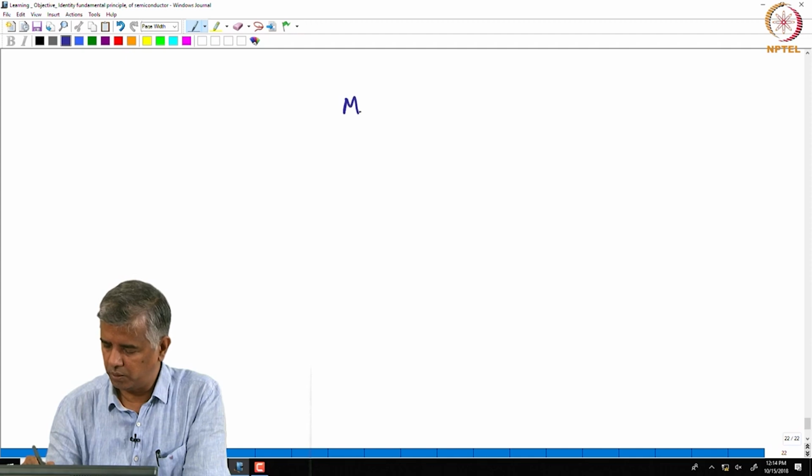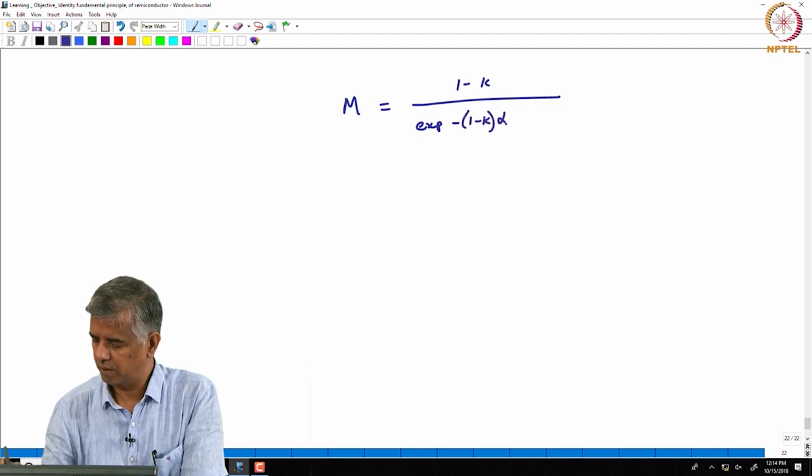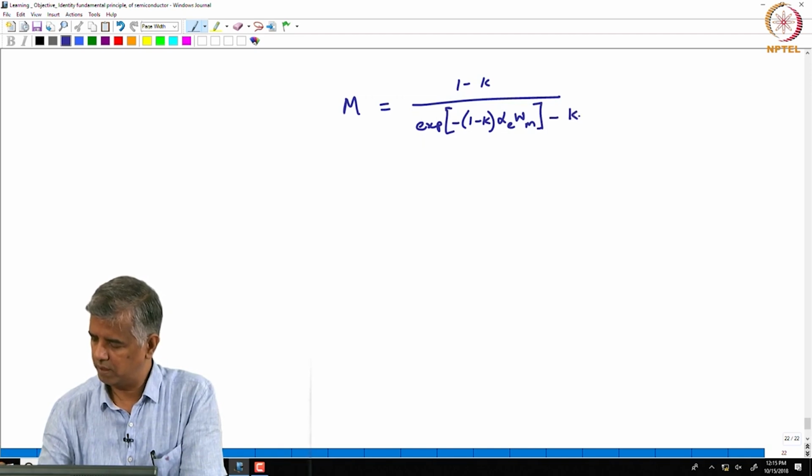If we do that, what you get is M will be equal to 1 minus k divided by exponential of minus 1 minus k alpha e W m, minus k.